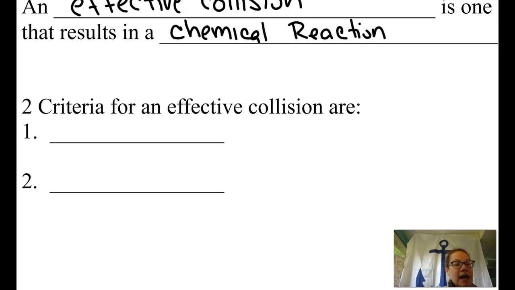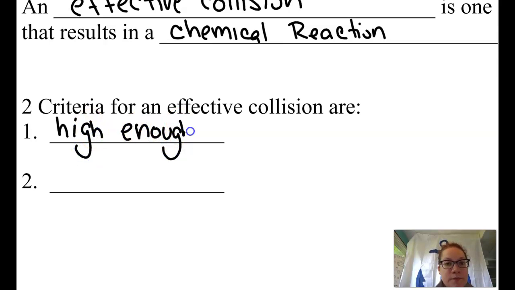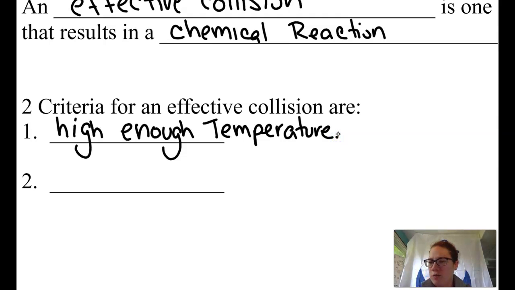Well, they need to have high enough temperature. How does temperature relate to particle motion? If you increase the temperature, how does the particle motion change?